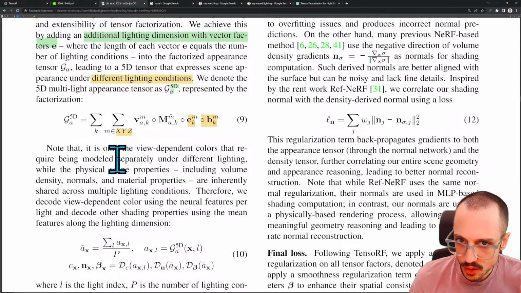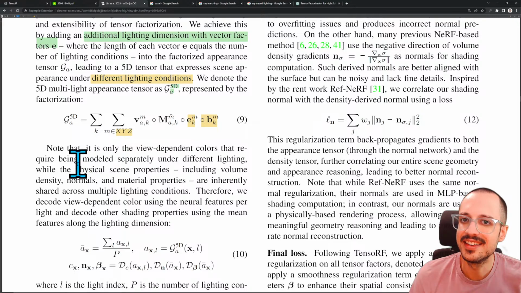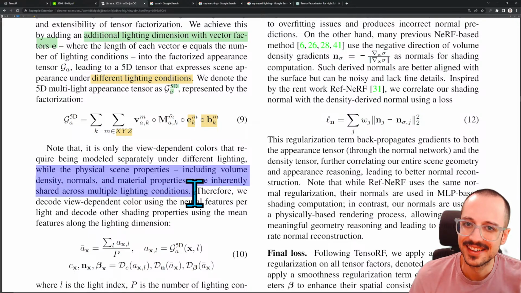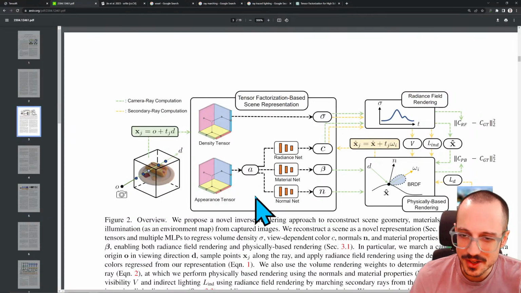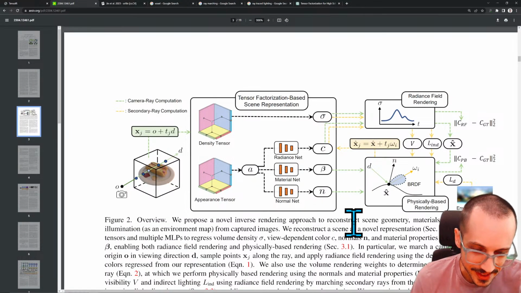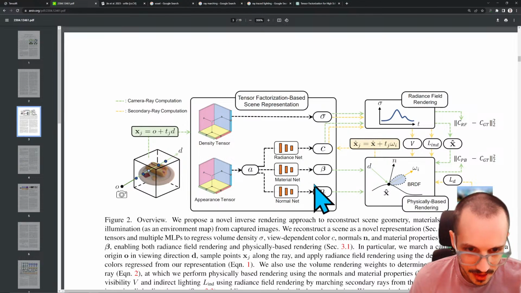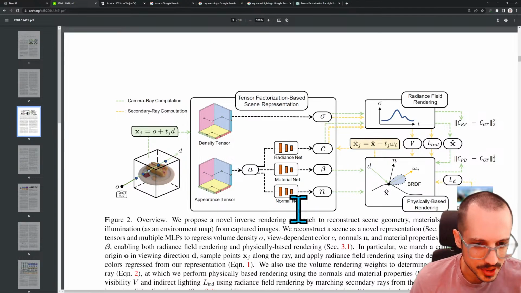So note that it is only the view-dependent colors that require being modeled separately under different lighting, while the physical scene properties, including volume density, normals, and material properties, are inherently shared. Okay, I like this. This is pretty cool. So what they're saying is that only the colors change. The materials, the normals, and the density, those 3 things should not be impacted by lighting, right?